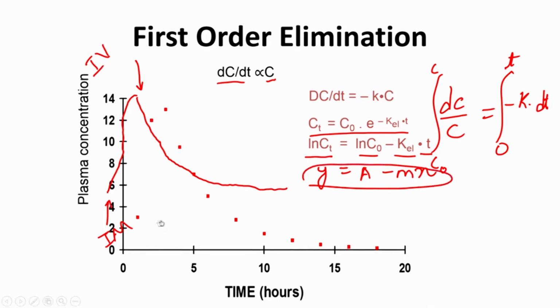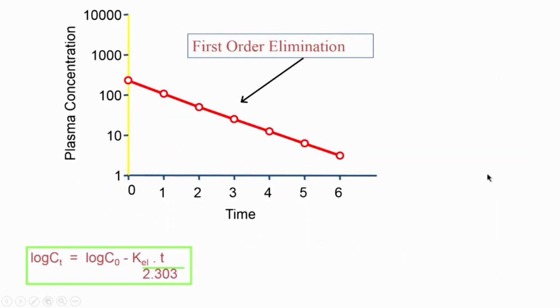So, if I plot the graph that I just plotted onto a log scale, we will essentially get the equation of a straight line, which is represented as y is equal to b minus ax. That is what is represented here. When I say log scale, it is a semi log scale because the plasma concentration is plotted on a log scale and time is plotted on a normal axis.